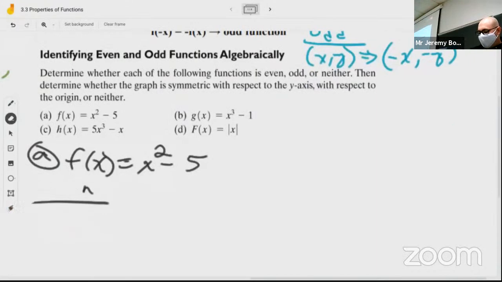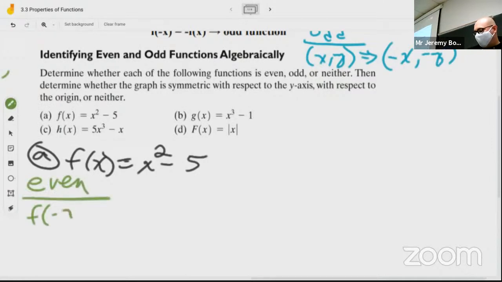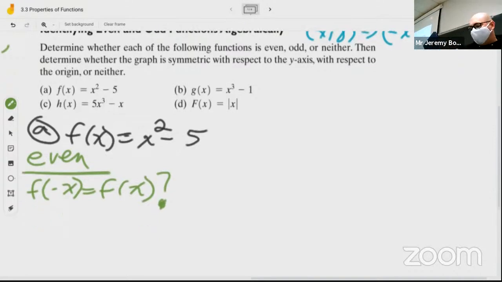It just makes the path easier for my mind. So to check if it's even, let's do green for even. We're going to replace the x with negative x and see if that equals our original function. That's what we want to know. So we already know what f of x is: x squared minus 5. Let's figure out what f of negative x is. Just like we did yesterday, we're going to plug in a negative x for the x.